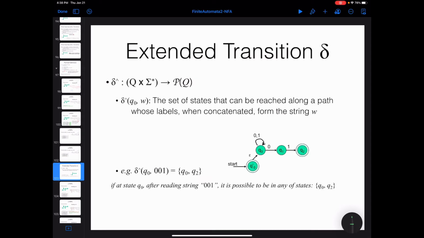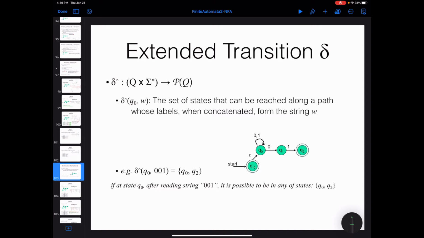Okay, the extension of the delta transition function, or we call it deltahat, is very similar to the extension of the transition function for the NFA.